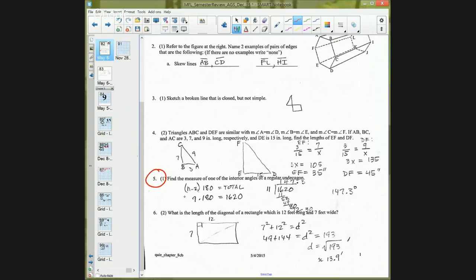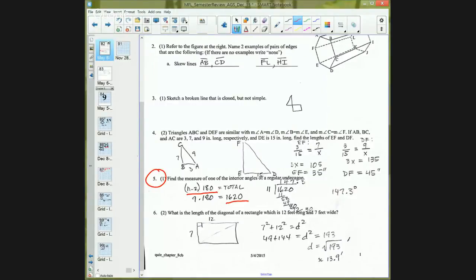I used that n minus 2 times 180 to get the total degrees. You remember that little formula? Yes. And n stands for how many sides. So because you knew undecagon was 11, 11 minus 2 is 9. Now I could figure out 9 times 180. That's the total degrees, 1,620.